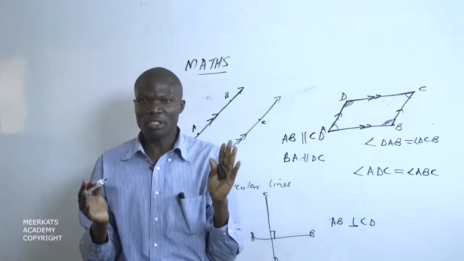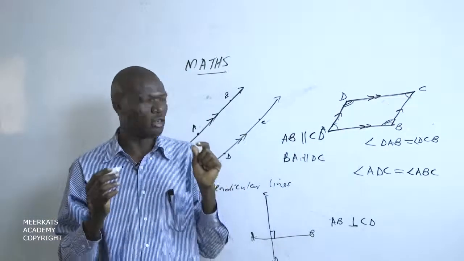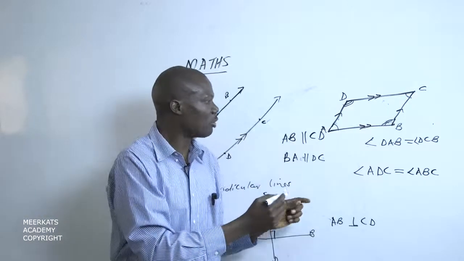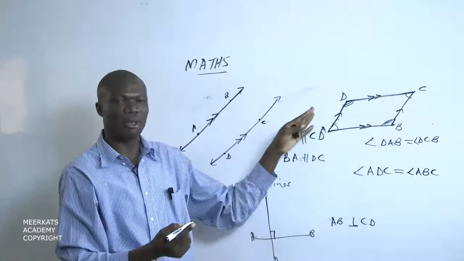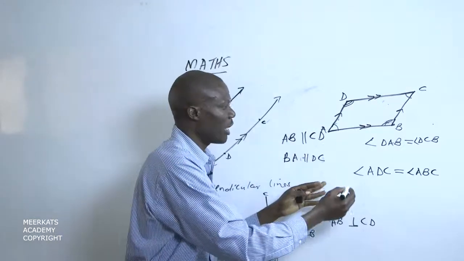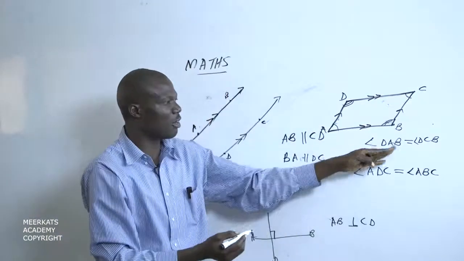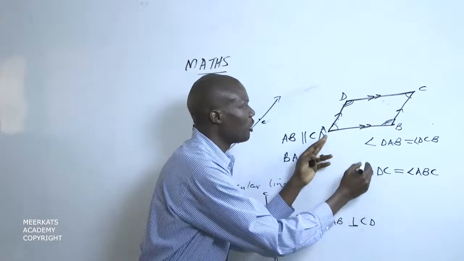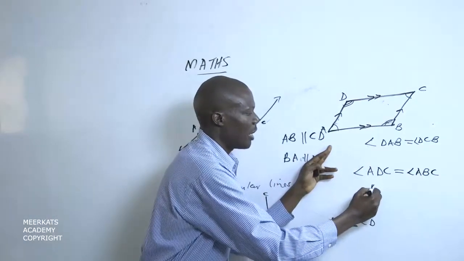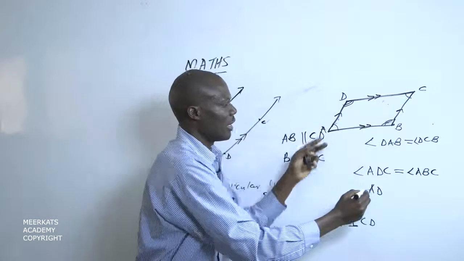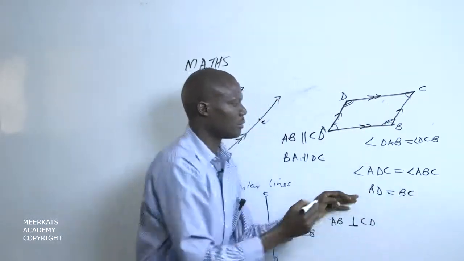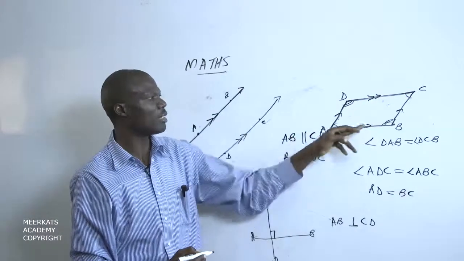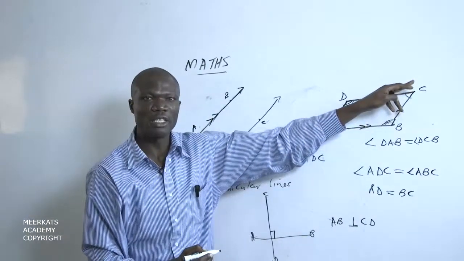Note that the opposite sides, we say they are parallel, so it is always good to again show that the opposite sides are equal in this particular figure. So we shall go ahead and say at the same time, besides the angles being equal, also we notice that the line AD is equal to the line BC.